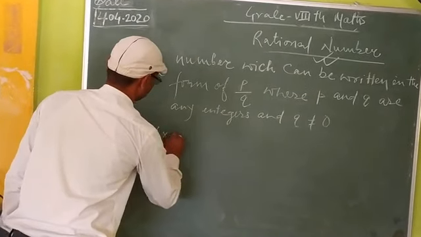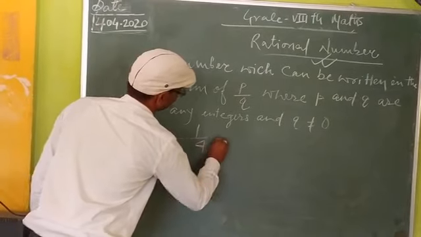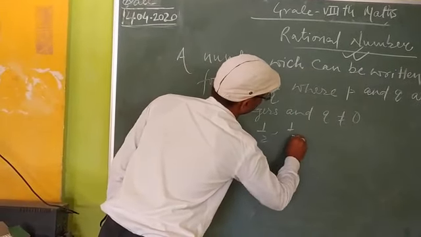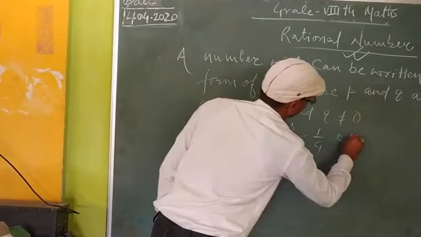Example: 1 by 4, 1 by 2, 1 by 3, 1 by 4, etc.